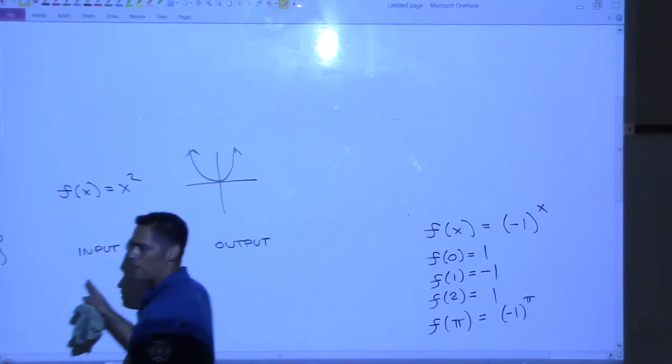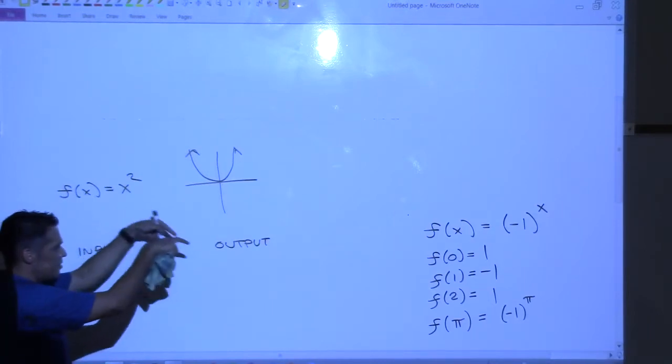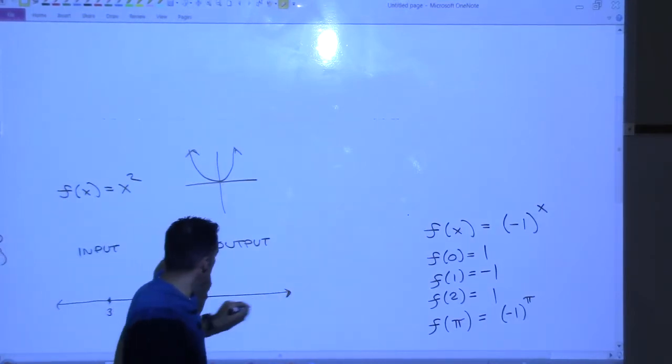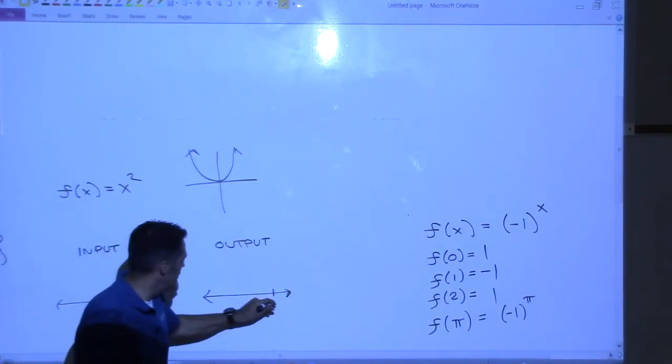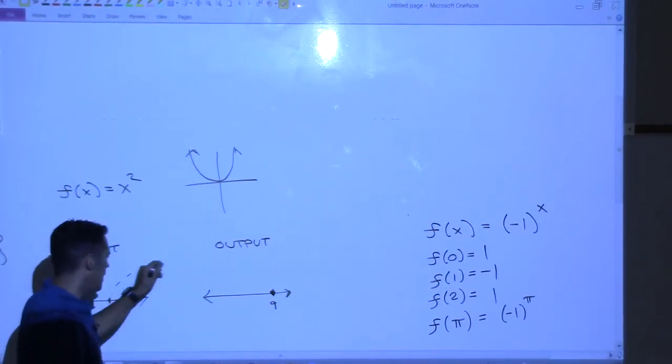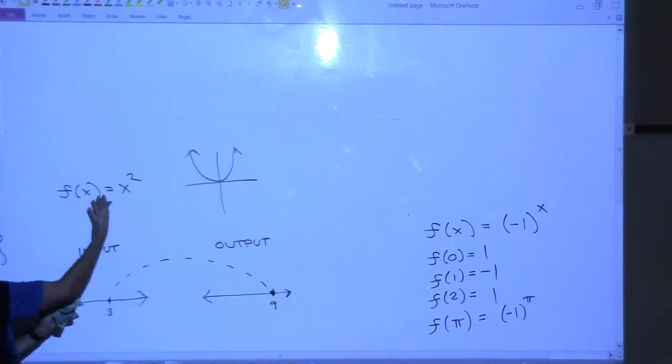Your input comes off of a number line. Let's say we plug in 3. Now it goes through there, gets squared, and comes out as a number, so it lands on the number line somewhere else. It lands at 9. So I could say, hey, look, that number goes there. Everyone agrees that this is another way I could visualize that?